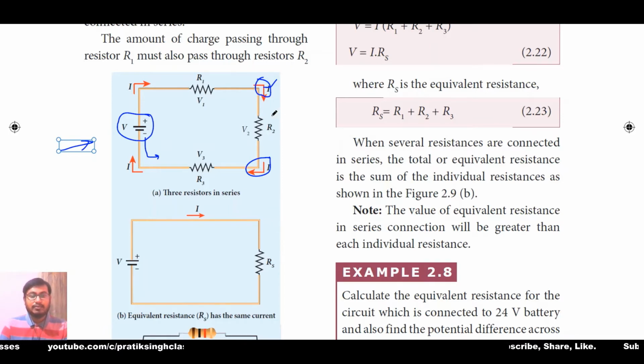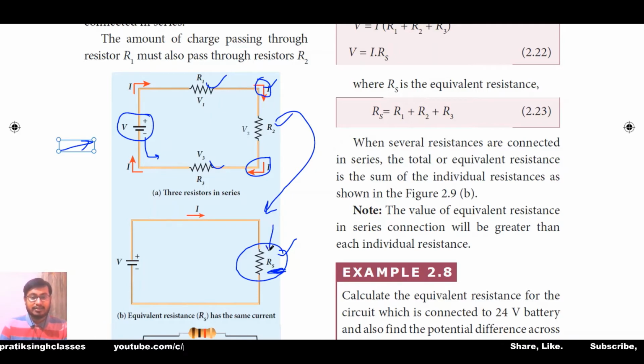If you compare figure A and figure B, you can say that instead of three resistors, R1, R2 and R3, we have a single resistor which has equivalent resistance, called RS. This RS is applying the same effect which R1, R2 and R3 all together are applying, as given in this figure. RS means resistance in series.